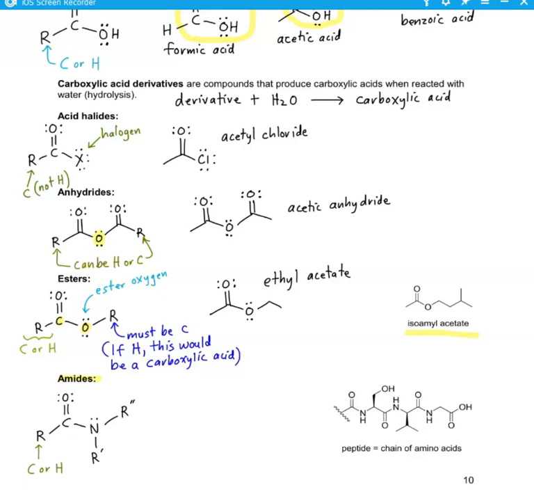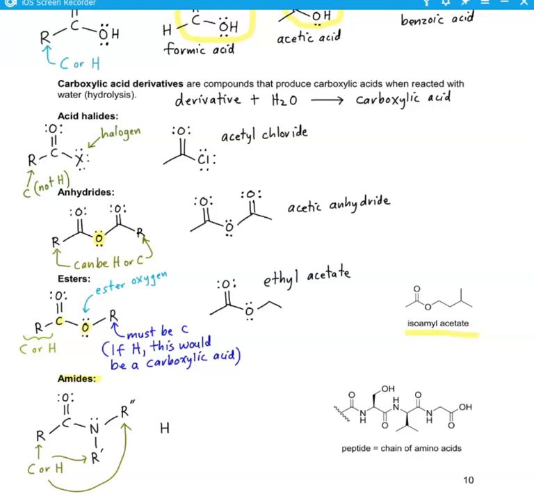So that could be an H, or it could be something like a methyl group, or a benzene, or a cyclohexane ring, or a butyl group, and so on. These other two R's that are attached to the nitrogen. So in an amide, you have a nitrogen directly attached to the carbonyl carbon. The other two R groups can also be either carbon or hydrogen.